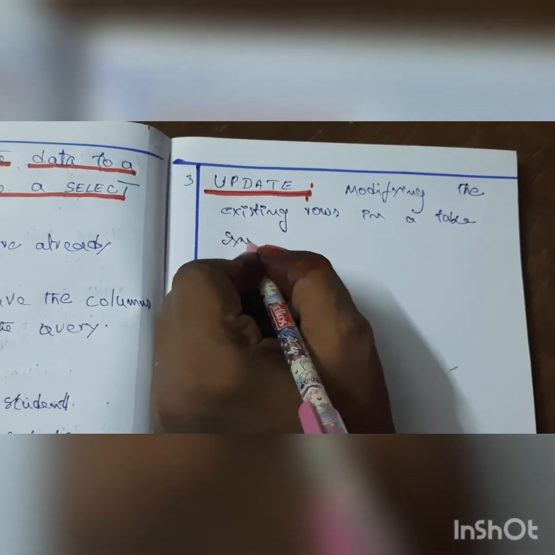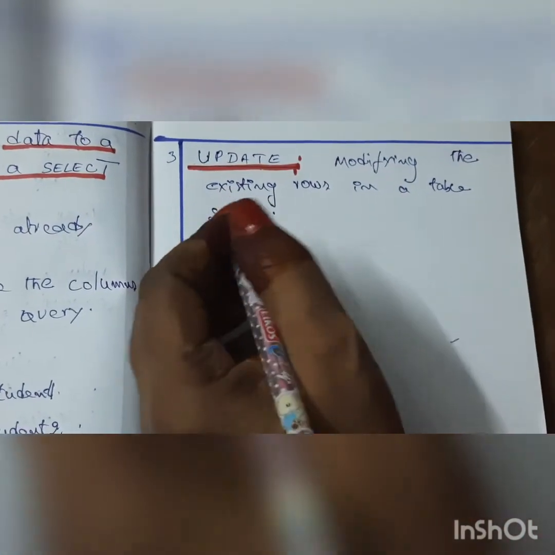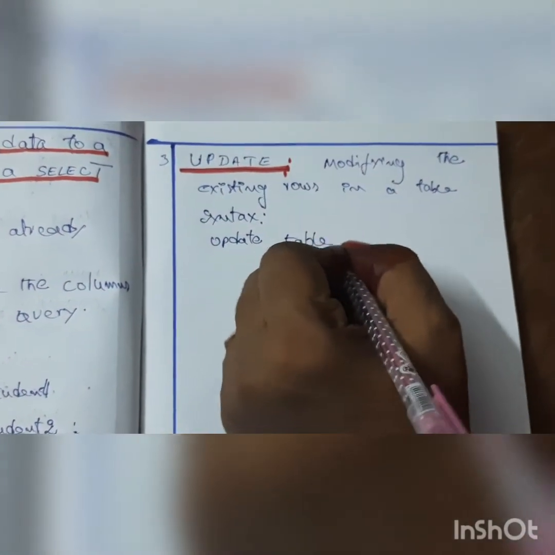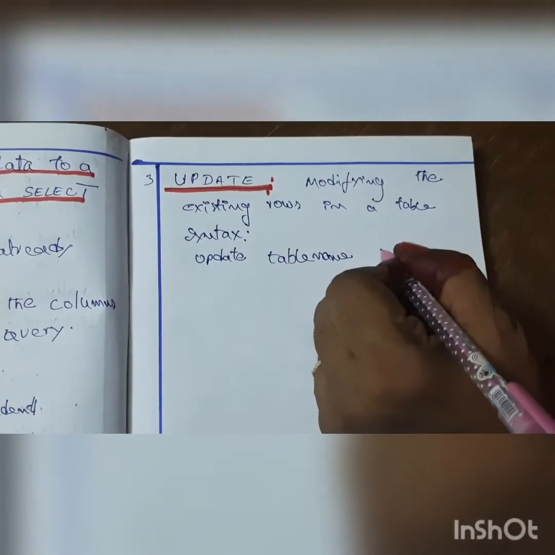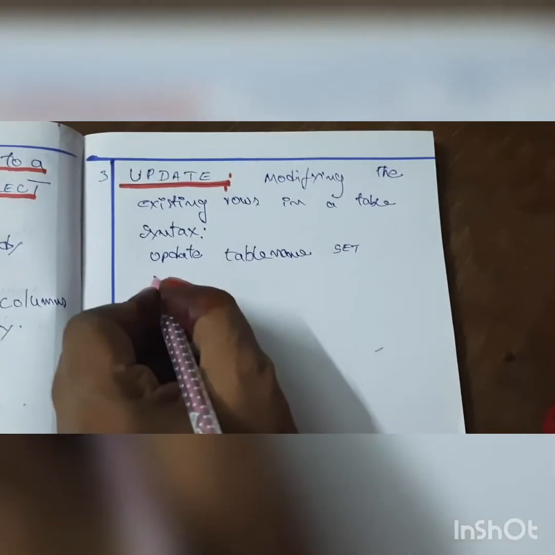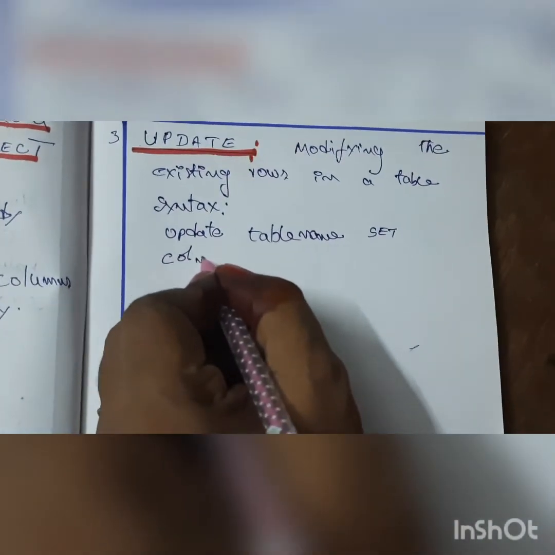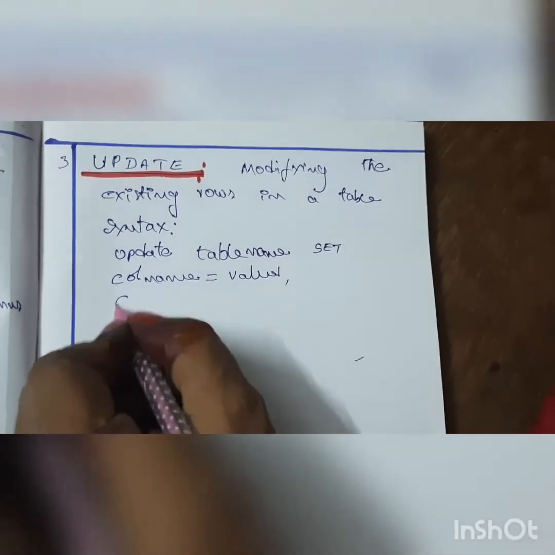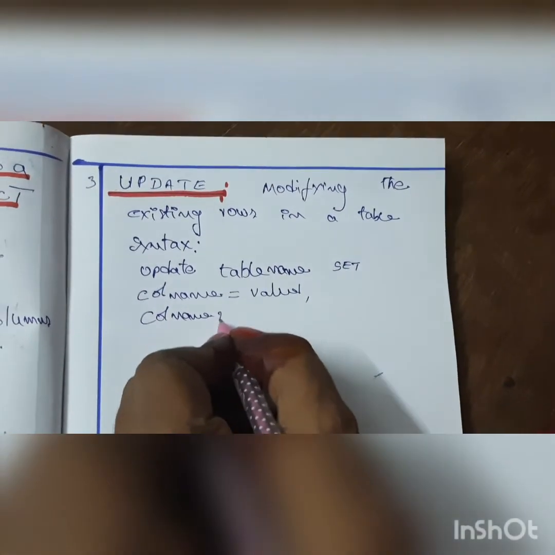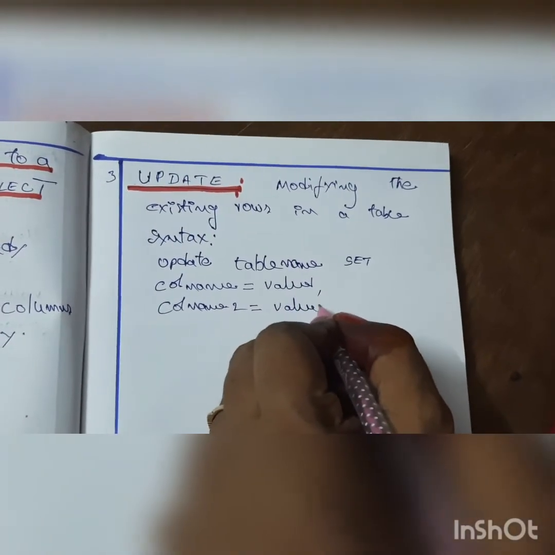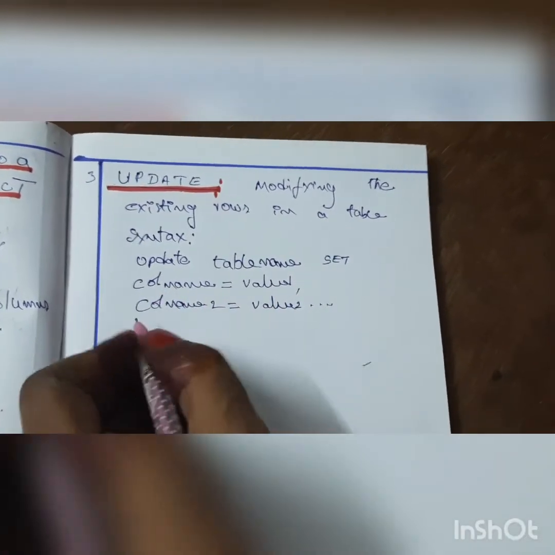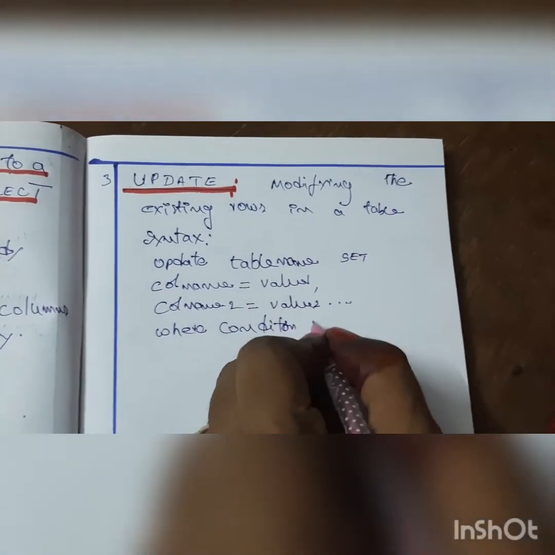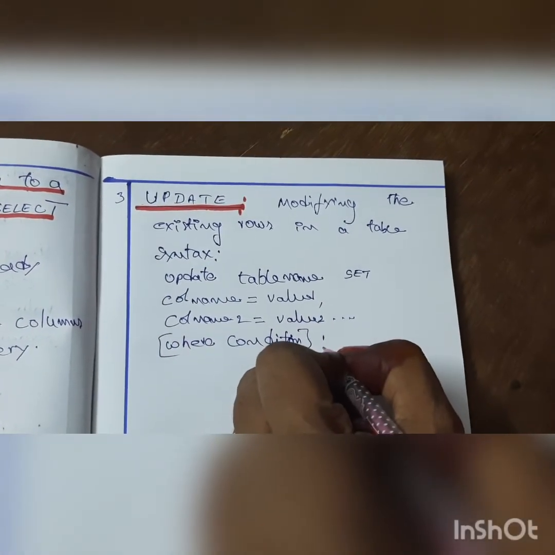The update statement sets specific values for each column required to change. The syntax: update table name set column name 1 is equal to value 1, comma, column name 2 is equal to value 2 up to value n, where condition, semicolon.